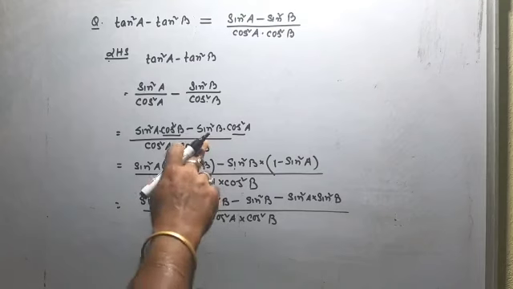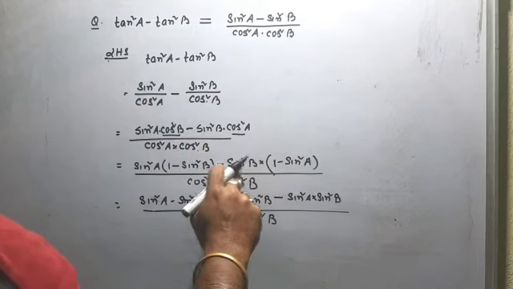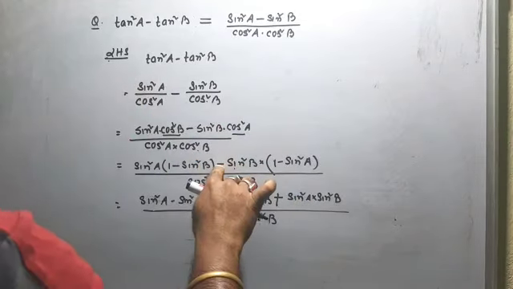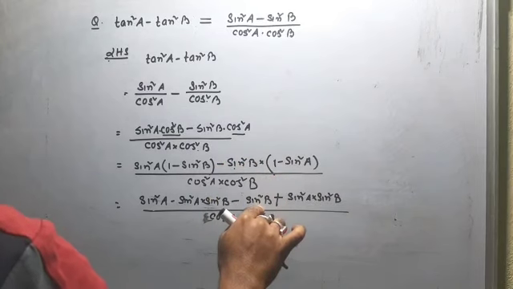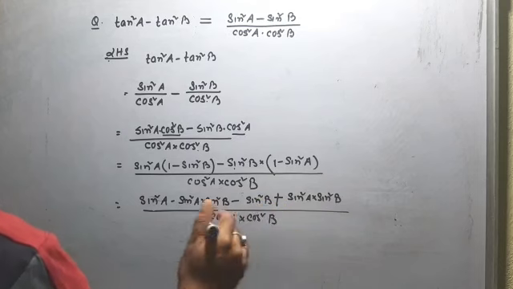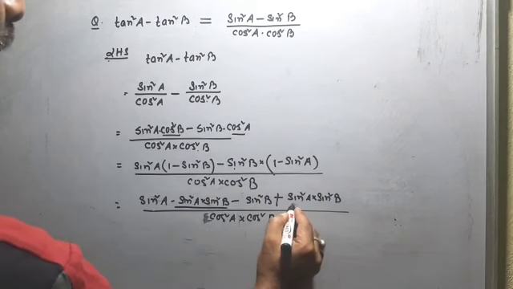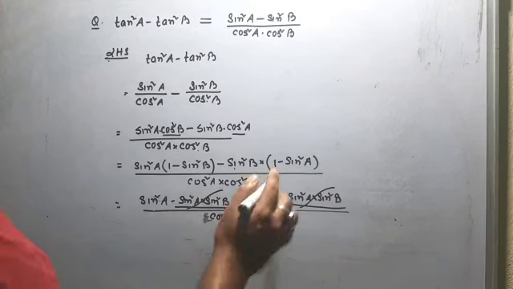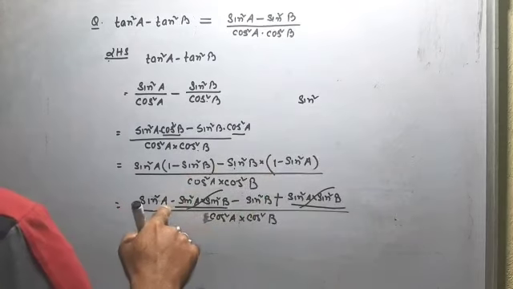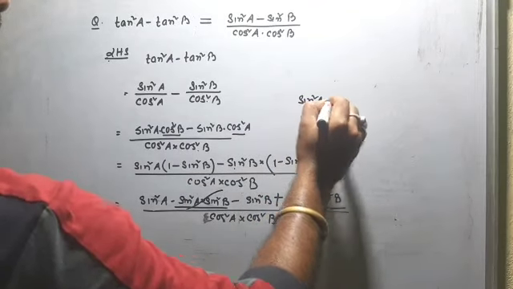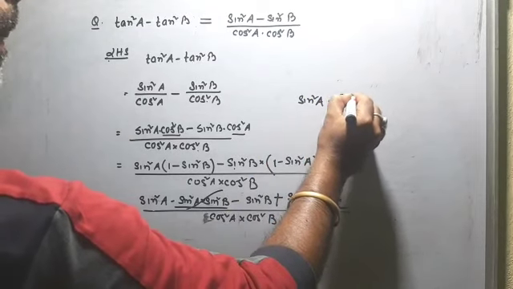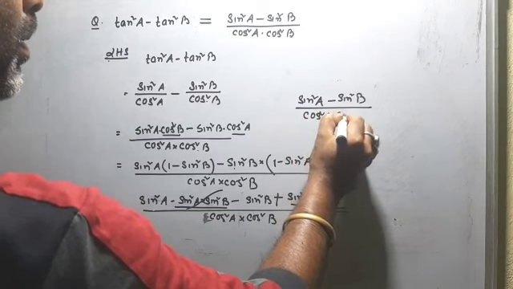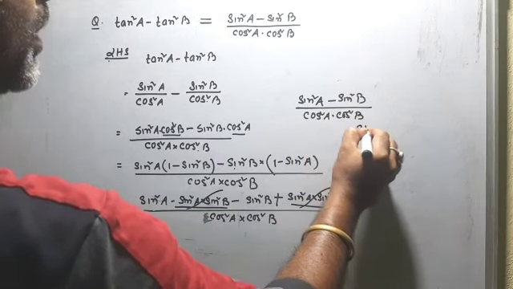Here this is in minus, so it becomes plus. So you can see this is a minus term and this is a plus term, so they simply cancel. So you have sin square a minus sin square b by the denominator cos square a into cos square b. That is your RHS.